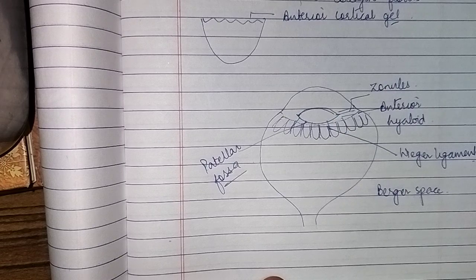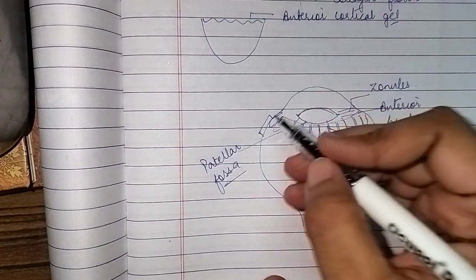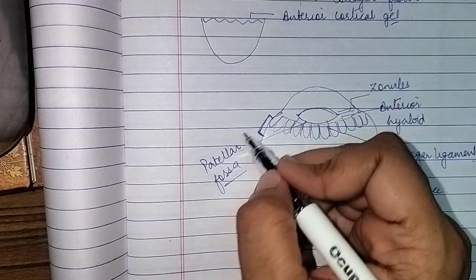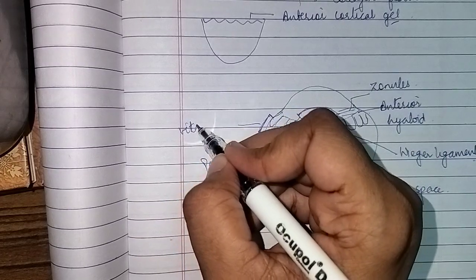Now, where is the vitreous base? This area near the ora serrata is the vitreous base.